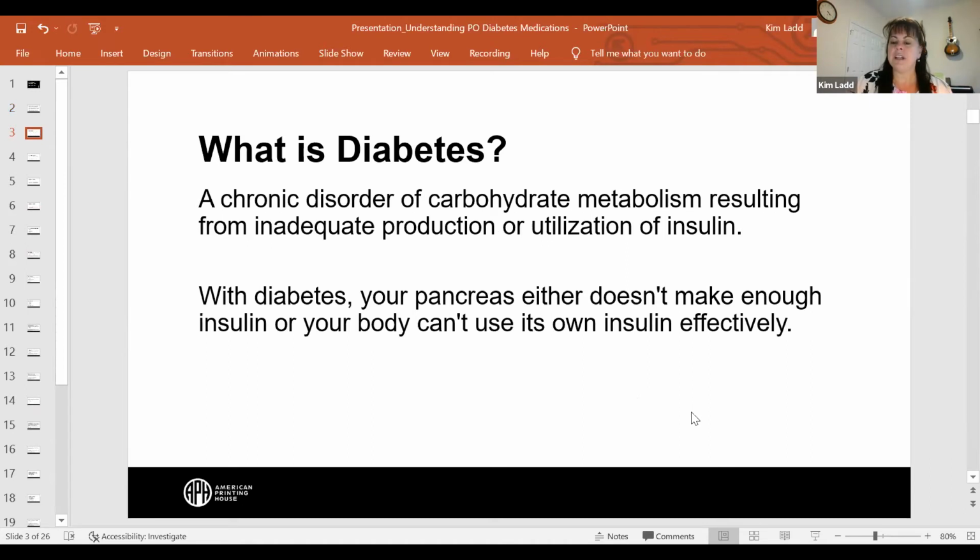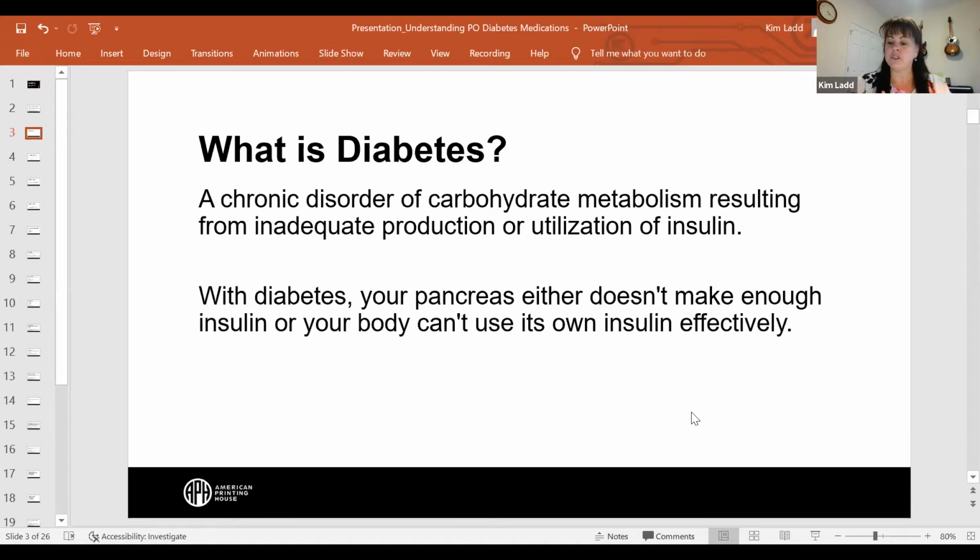When you have diabetes, your pancreas, which is the organ in your body that produces the hormone insulin, which is the hormone needed to metabolize carbohydrates, either doesn't make enough insulin or your body can't use the insulin that it makes effectively. Therefore, you can't process carbohydrates, which is sugar or glucose, in your body.